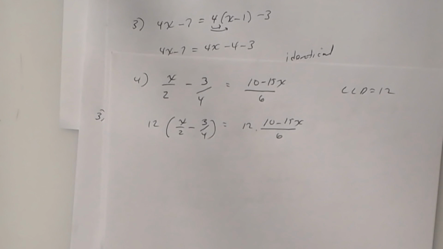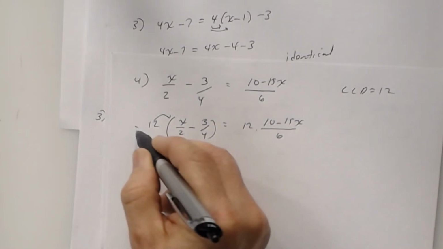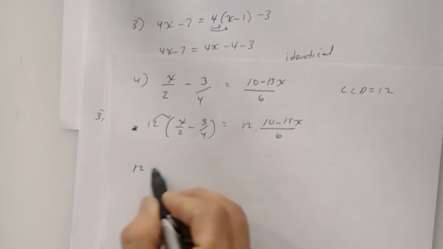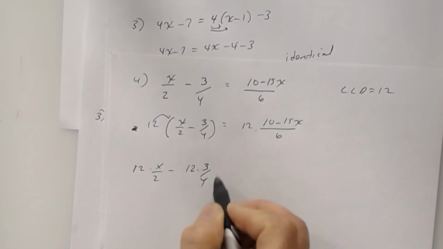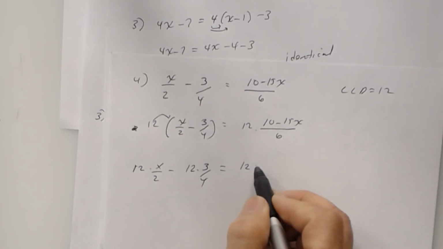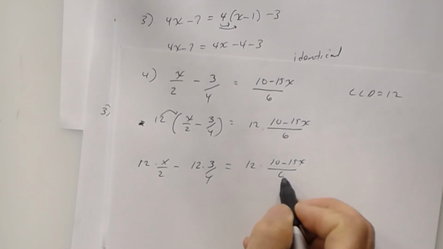Now, what's the next step? Distribute. So you're going to say 12 times x over 2 minus 12 times 3/4 equals, and then I'm just going to rewrite this because all I wanted to do was use the distributive property.